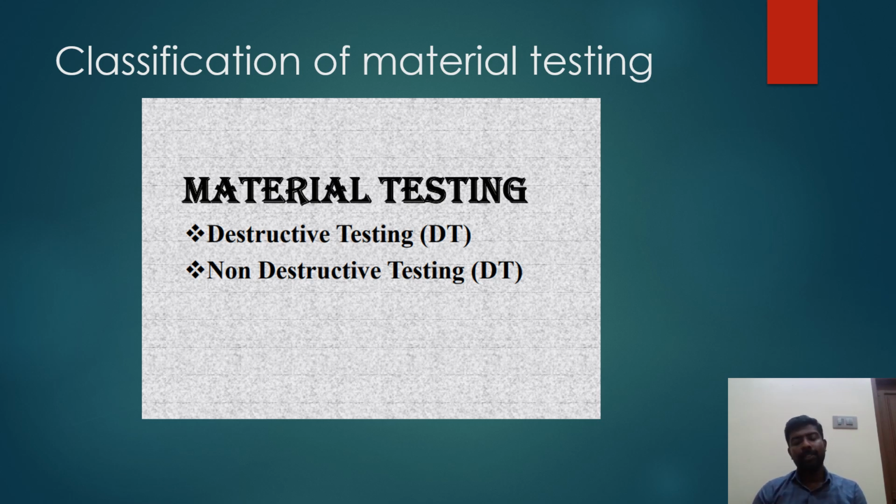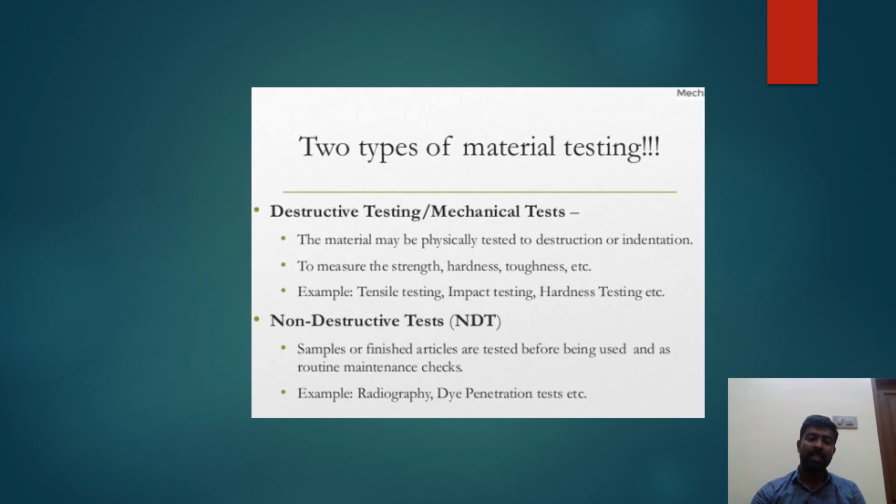So from the name, we can classify what the method and the process will be, and how these materials will be tested in these two particular domains. Destructive testing is the one in which the specimen being tested is physically destroyed.